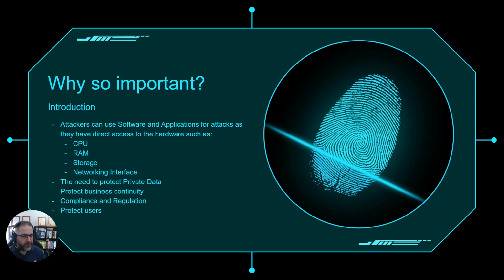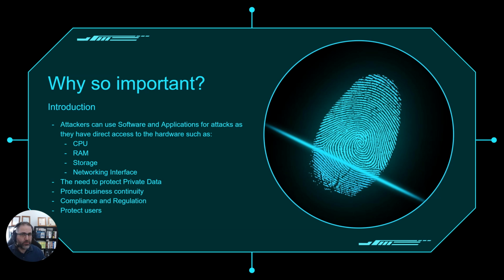If an attacker can find a flaw in the code or an application itself, then they get direct access to the CPU, the RAM, the storage, and the network interface. If a hacker or a bad actor, there are so many different terms, we'll just say hacker for now. Not all hackers are bad, remember, but just for now we'll say hackers.